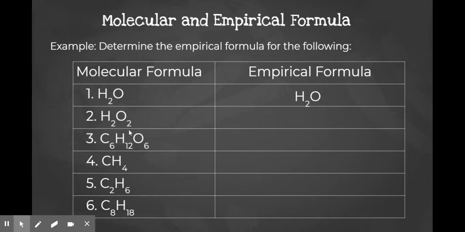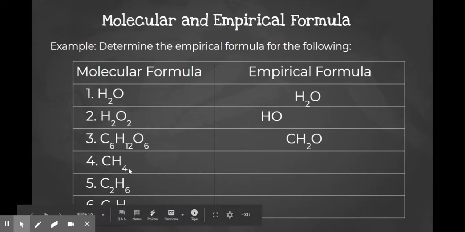See how both subscripts are 2? We can reduce that, right? They're both divisible by 2. So we end up with 1 hydrogen, 1 oxygen. 1-to-1 ratio. Glucose, we already did. Divide all those by 6, and you get C1H2O1. Just remember, we don't have to write the ones.